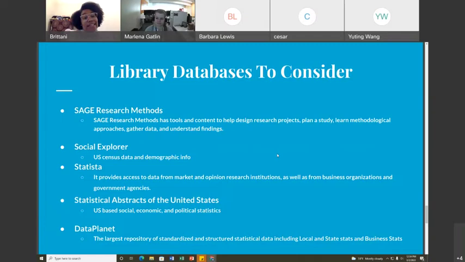You can go in and look at many years of collection about that particular subject in Data Planet, and I believe Statista as well, and use comparative years to explain your hypothesis. So if you'll go to the next one, Marlena.